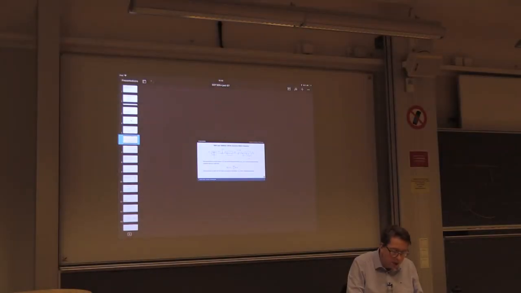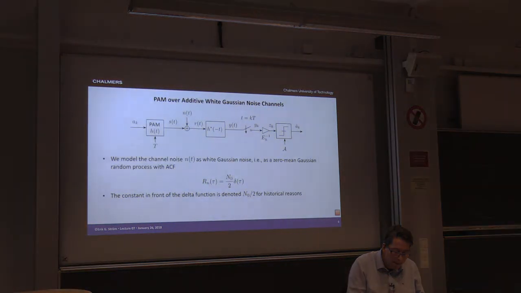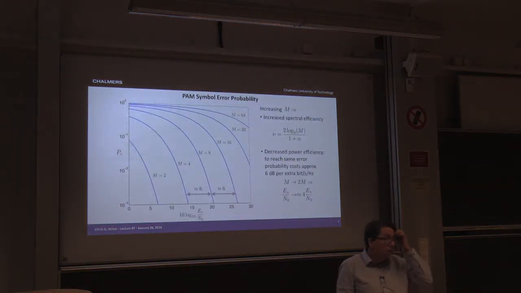But if we go back and look then at these types of plots, to see what is the symbol error probability as we vary things. So, the pulse amplitude modulation symbol error probability. What we have plotted on the vertical axis here is the error probability in log scale.